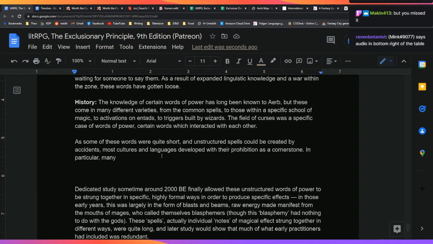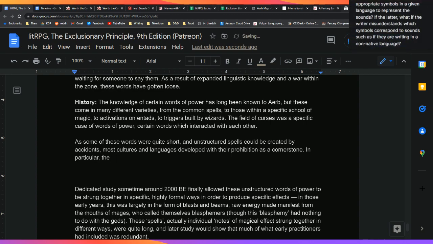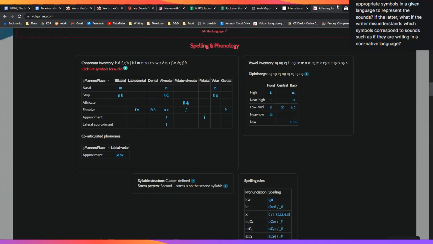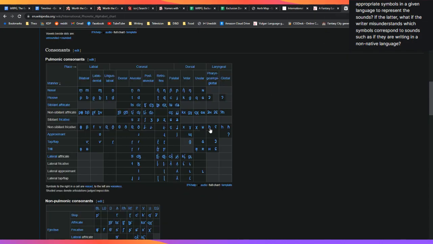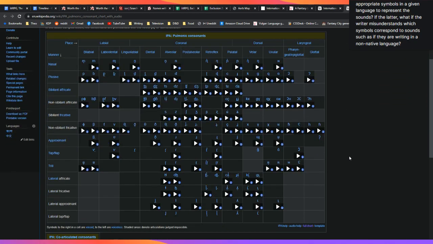Oh, bottom right corner. I actually don't need the audio. We are going to pick the, make sure it's not here. The pharyngeal. Okay, yeah, no, right. It's a different page for it.